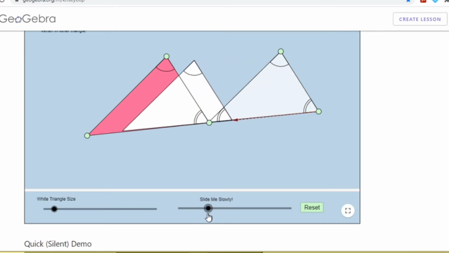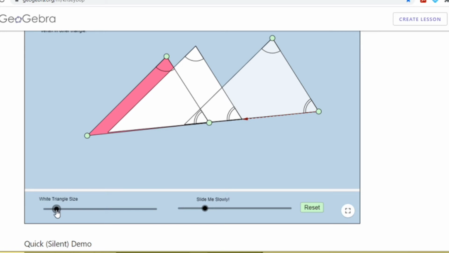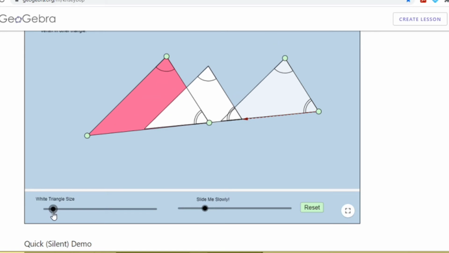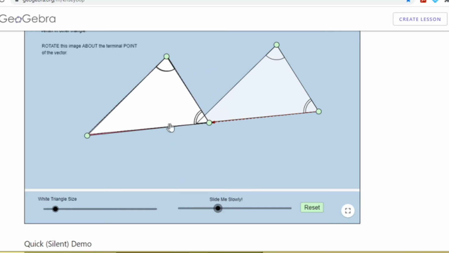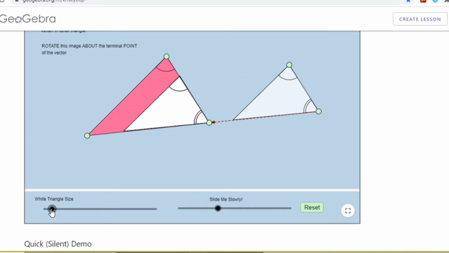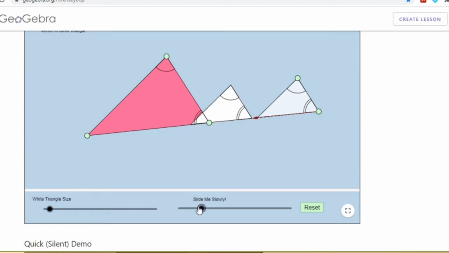This is a congruent triangle, right? See, these triangles are now congruent, and previously when its size was not the same, it was similar. This is the basic difference between congruent triangles and similar triangles.